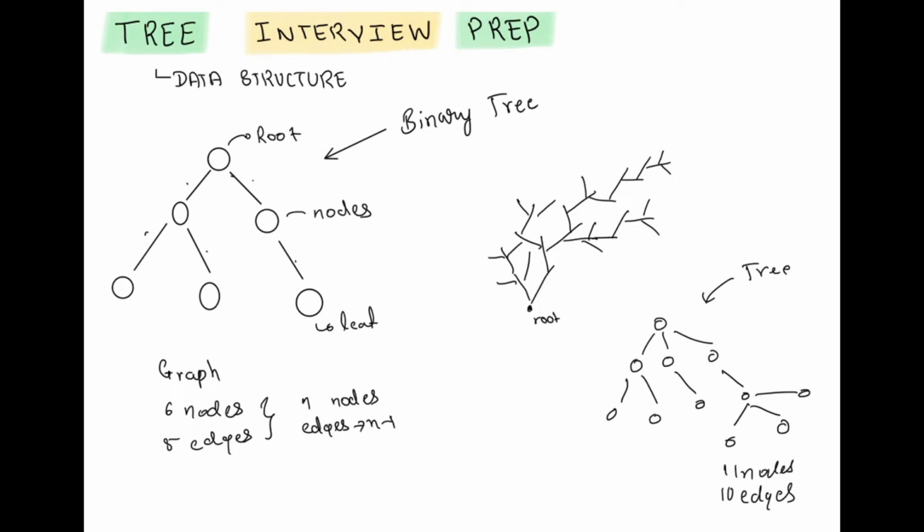The speciality of a binary tree is that every node can have at most two children. To understand what is a child and what is a parent, we need to understand the concept first. For any pair of nodes, we refer to the top node as a parent, and the branches coming out of that node are termed children.